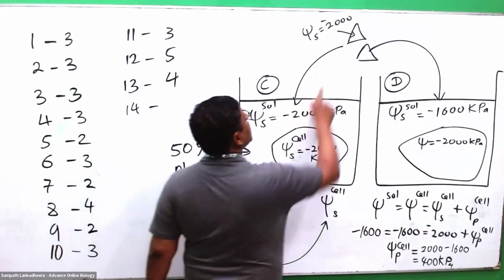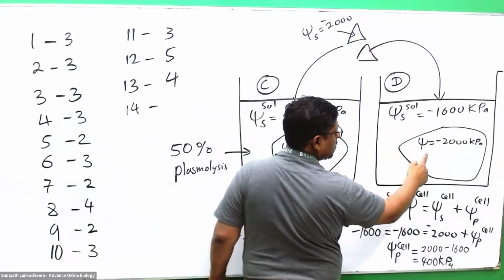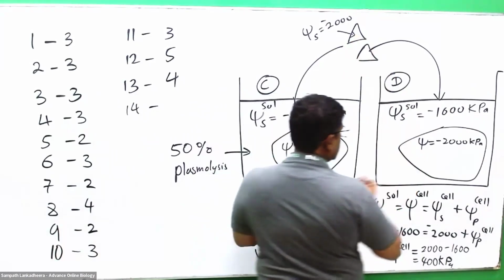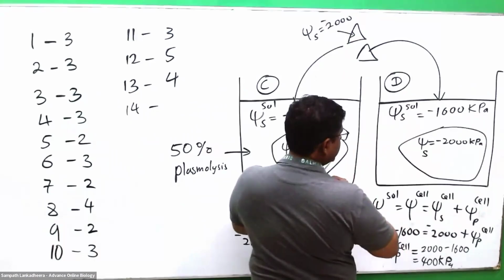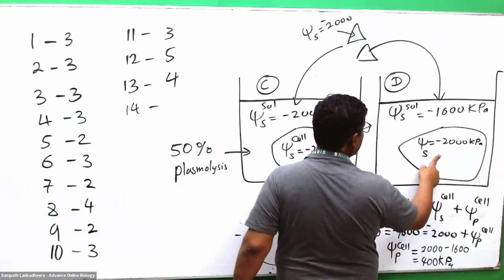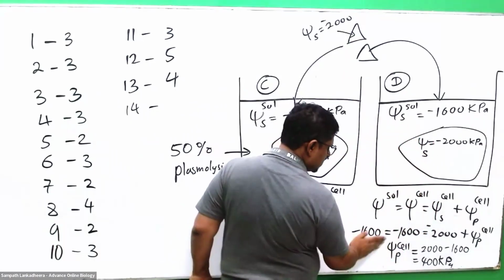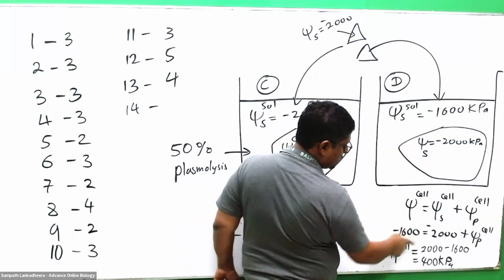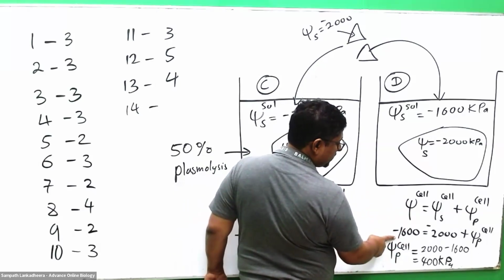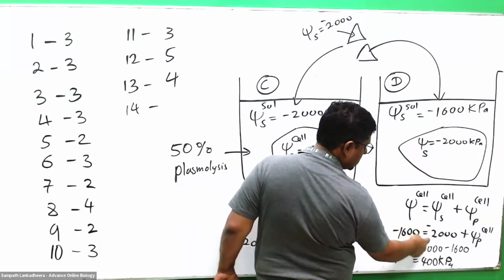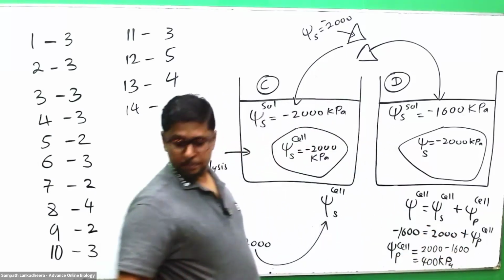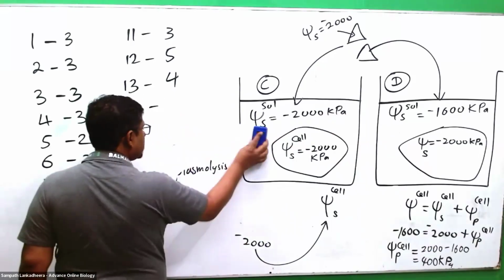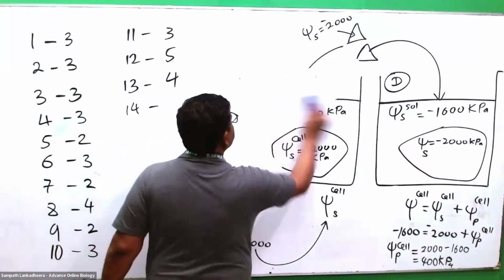So you know the psi S value of the cell, and the outer solution water potential is the cell water potential. So that's 1600. Solute potential is 2000. So you have to find pressure. Simple task.